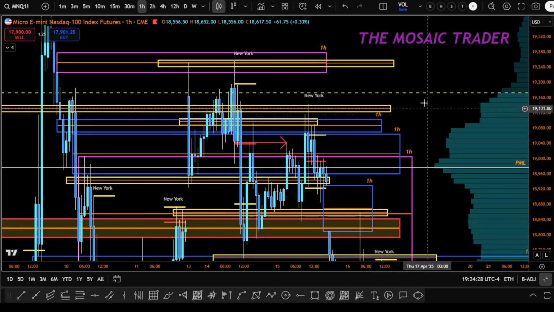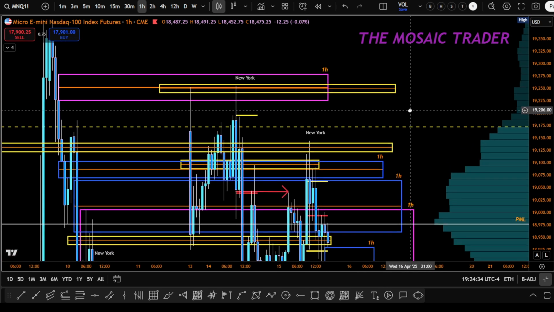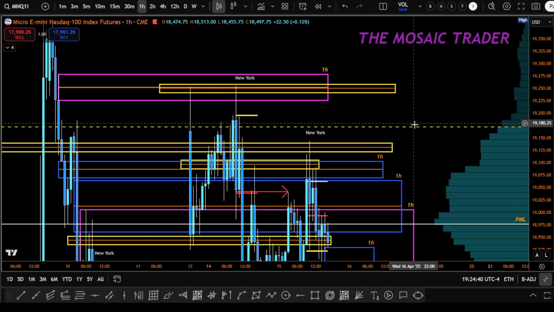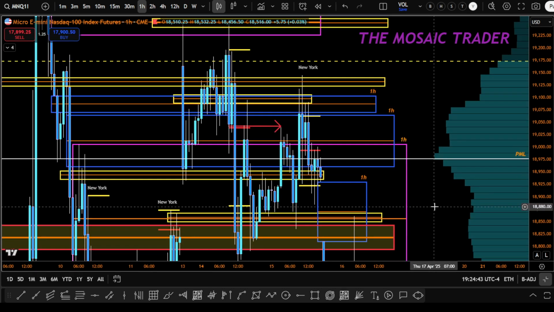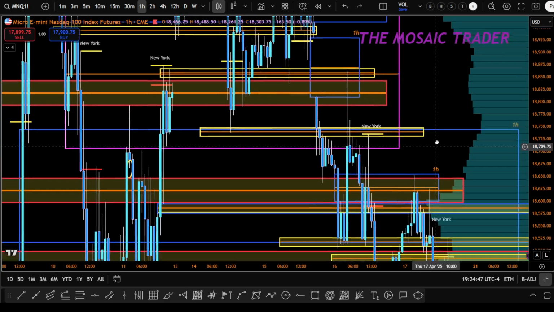If you add all 3 together, and you're looking for confluence of only 2 of the 3, that will give you a high win rate. Very good levels.